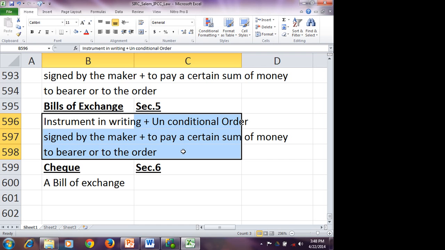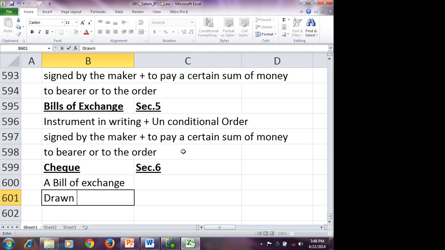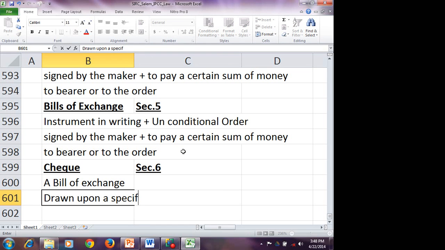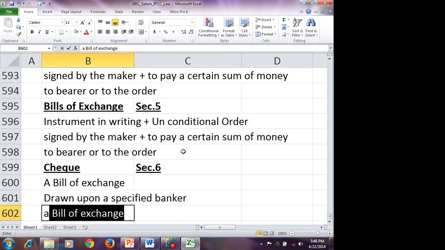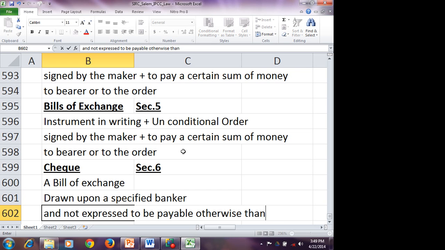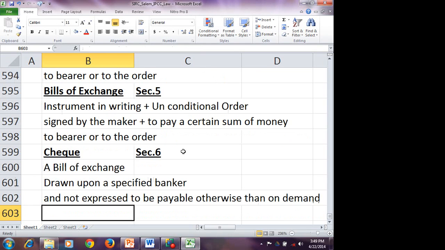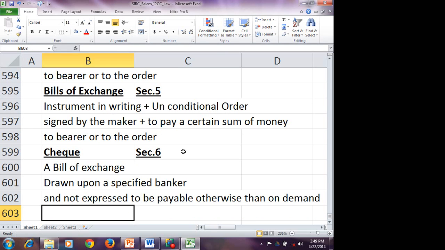A check is a bill of exchange, drawn upon a specified banker and not expressed to be payable otherwise than on demand. A check is a bill of exchange, which means the definition itself is complete. All the conditions applicable for a bill of exchange are equally applicable for a check, with the following 2 exceptions.